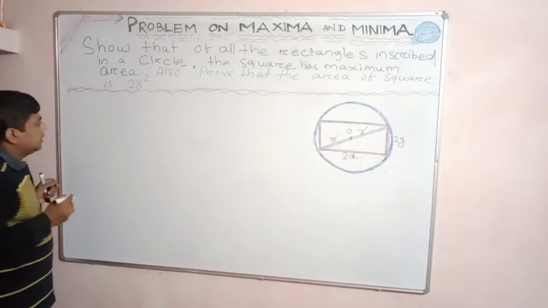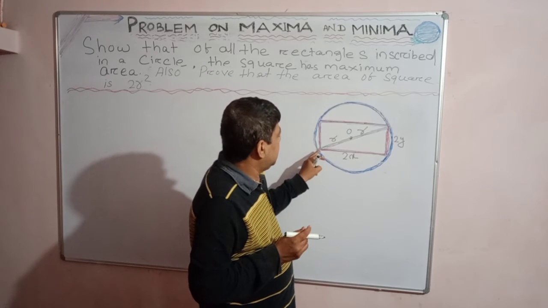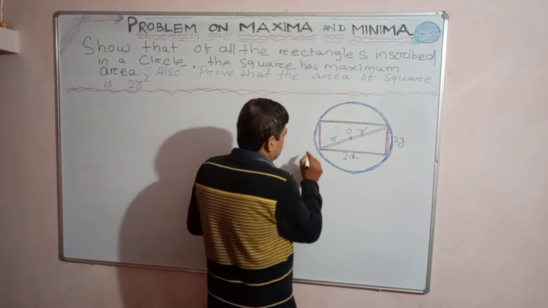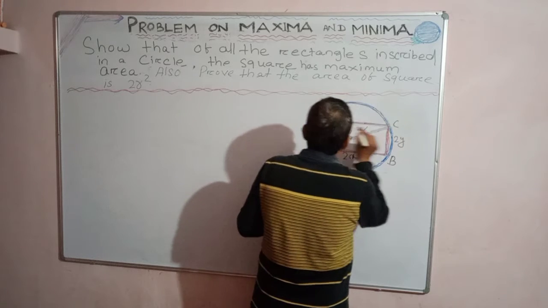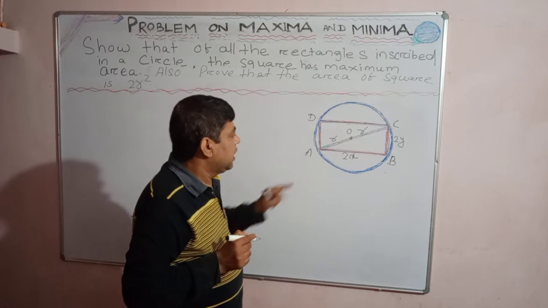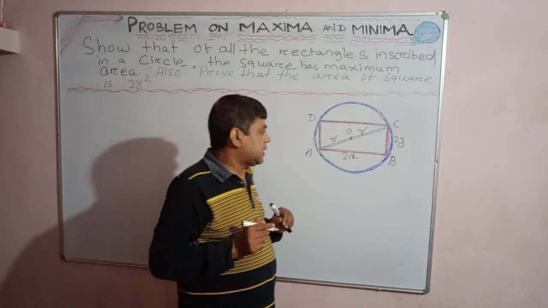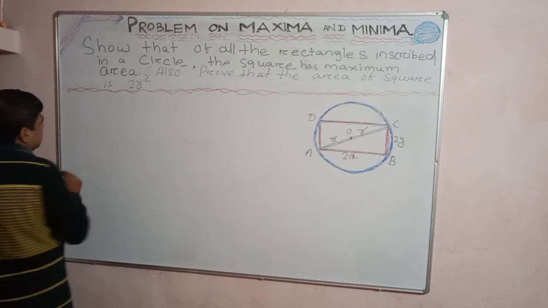Let's see. Here O is the center of the circle, and ABCD is a rectangle that has been inscribed in the circle, and the length of the rectangle is 2x and the breadth of the rectangle is BC. Okay, ABCD is a rectangle.